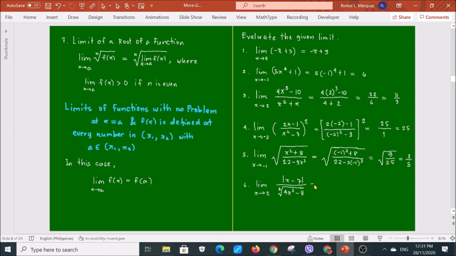Okay? So this is equal to? So this is the absolute value of 2 minus 7, no? What is that? 5. What about the denominator? Cube root of 4 times 4, 16, no? Minus 8. And that is equal to 8. Cube root of 8, 2. Is that correct, guys?